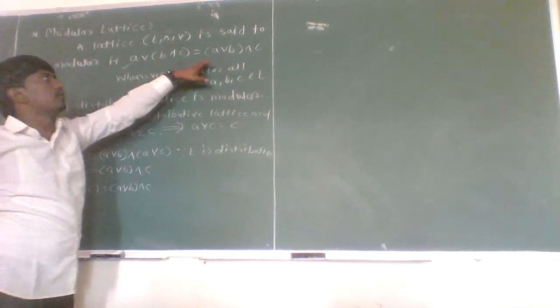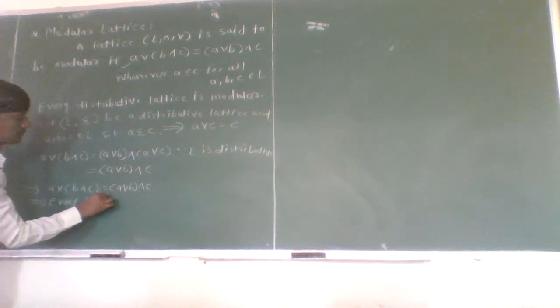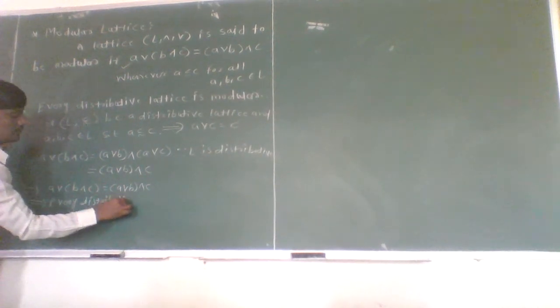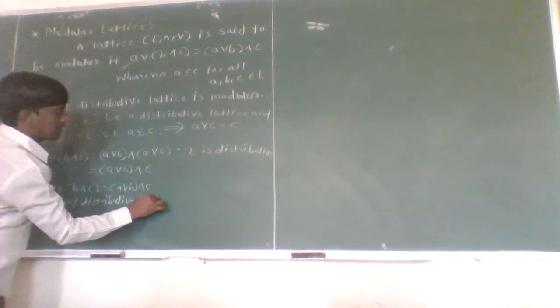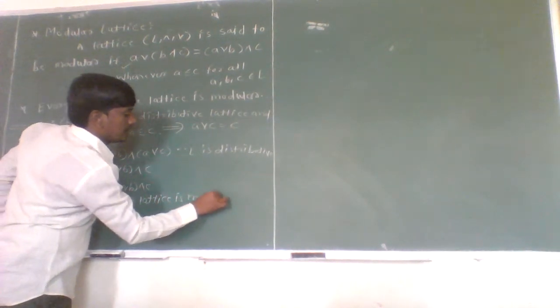Therefore, if we take any distributive lattice, it holds this condition for any A, B, C belonging to L, so the lattice is modular. Hence every distributive lattice is a modular lattice.